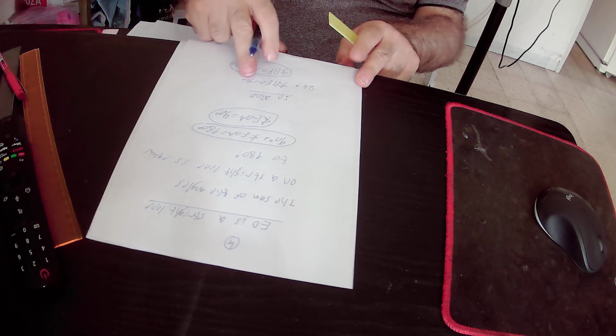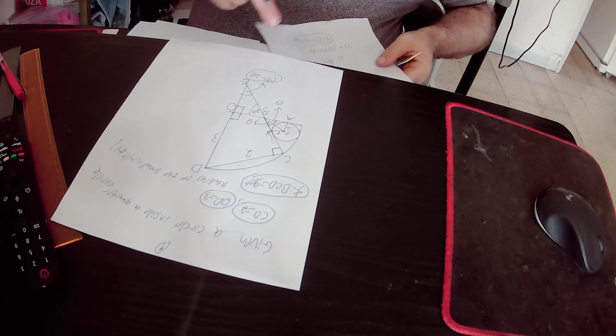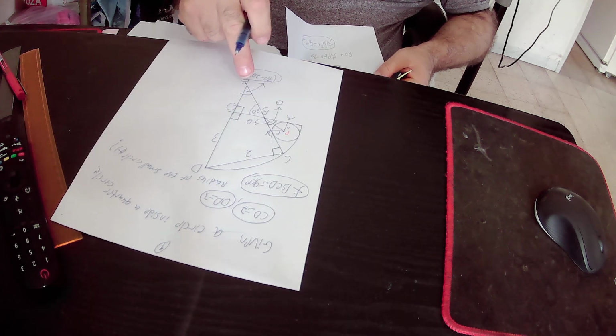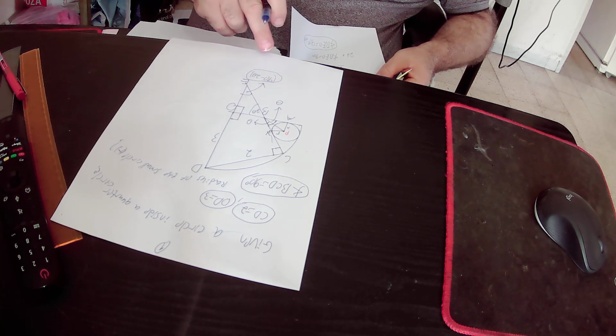Okay, so this angle BEO equals 90 degrees minus 2 theta.